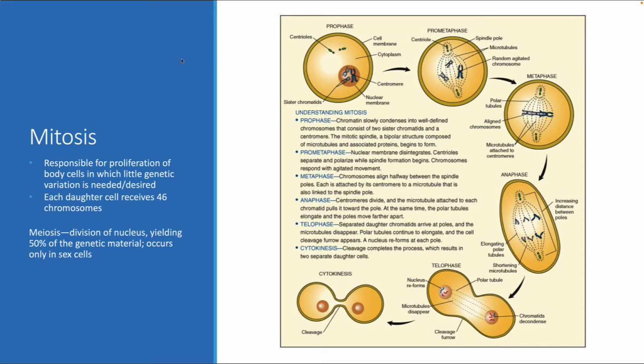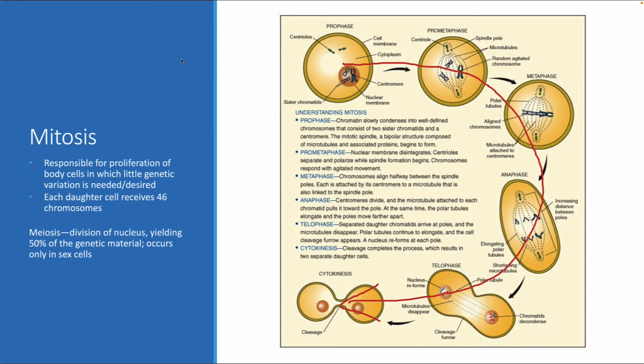Now, cell growth and reproduction happen in this process called mitosis. And this is asexual reproduction, where the cell is told that it should reproduce. And so it goes through this cycle and splits itself into two identical components.